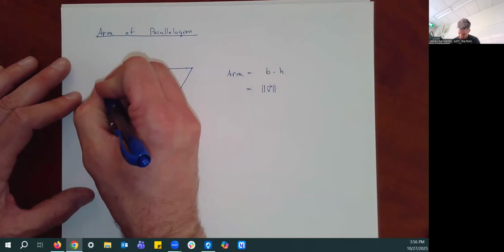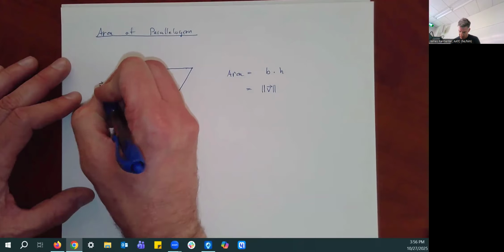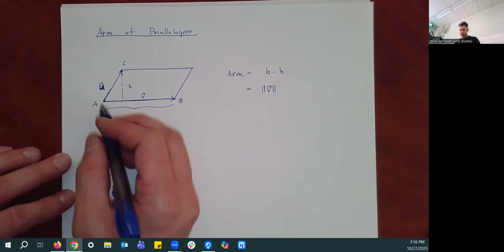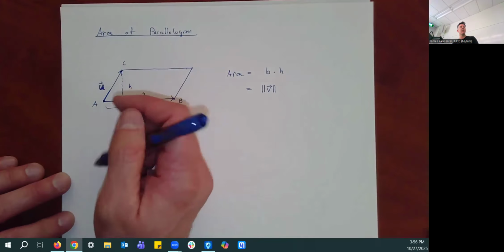There's another formula that uses U, V and W, so I should try to be similar to the text here. So the length of U is not the height.